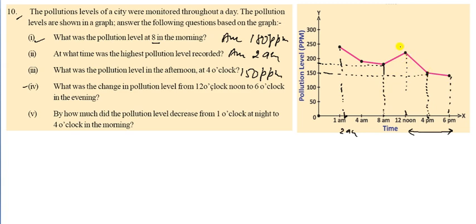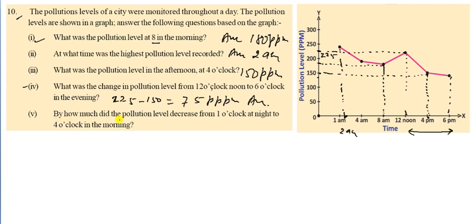So here it is 225, and this one at 6, it is 150. So 225 minus 150, we get 75 ppm. That will be the change.